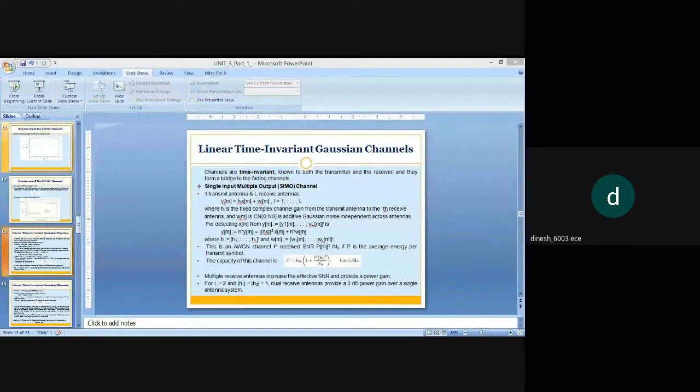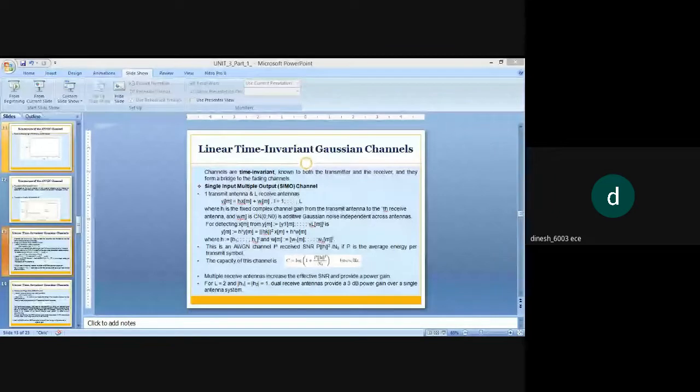So here h_l is a fixed complex channel gain from the transmitting antenna to the lth receiving antenna, and w_l of m is the additive Gaussian noise depending upon the antennas. So for deduction from x of m to y of m, y of m will be equal to y1 of m, y2 of m, y3 of m till yL of m, the whole transpose.